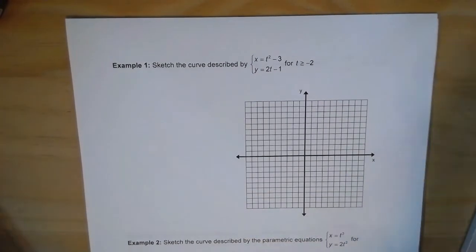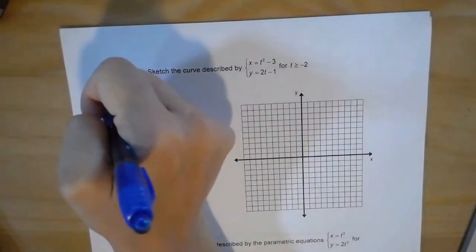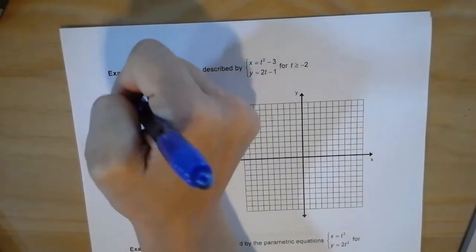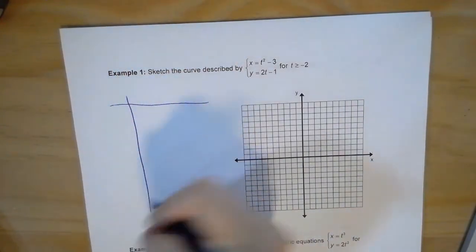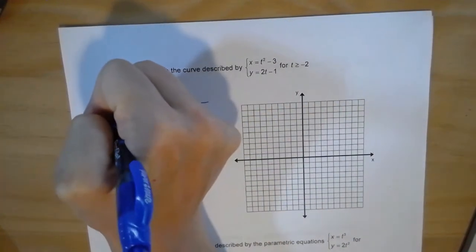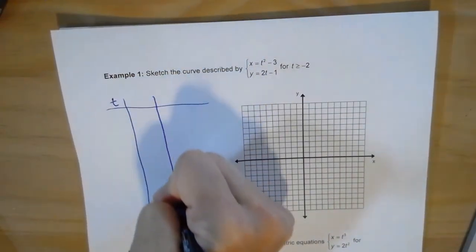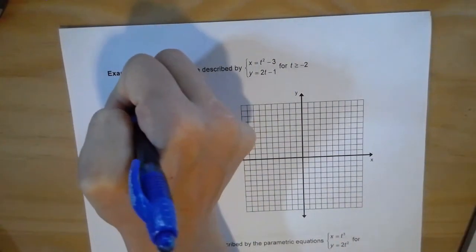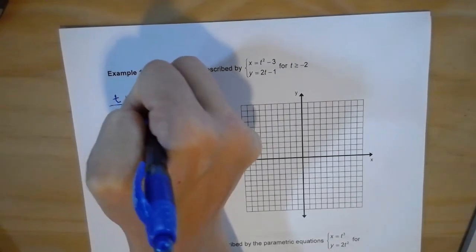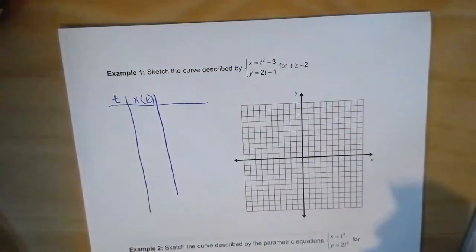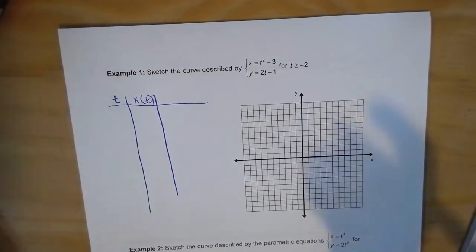So of course, with sketching this out, what we want to do is make a table. Okay. We are going to have our t values. We are going to have our x of t, the first function of t, or the x coordinate.